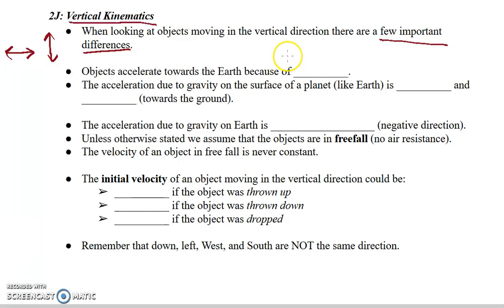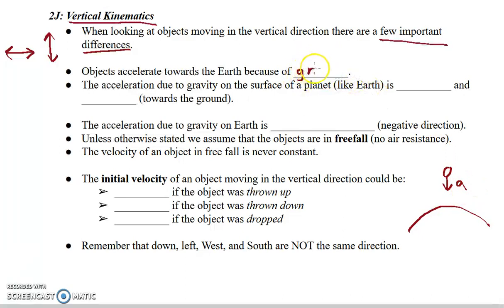The first is that when you're dealing with something in the vertical direction, objects tend to accelerate towards Earth. They get pulled down towards the Earth because of gravity.